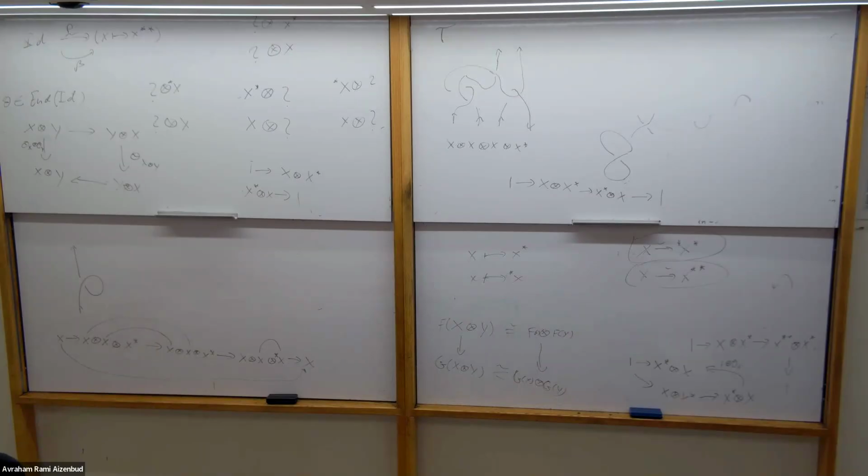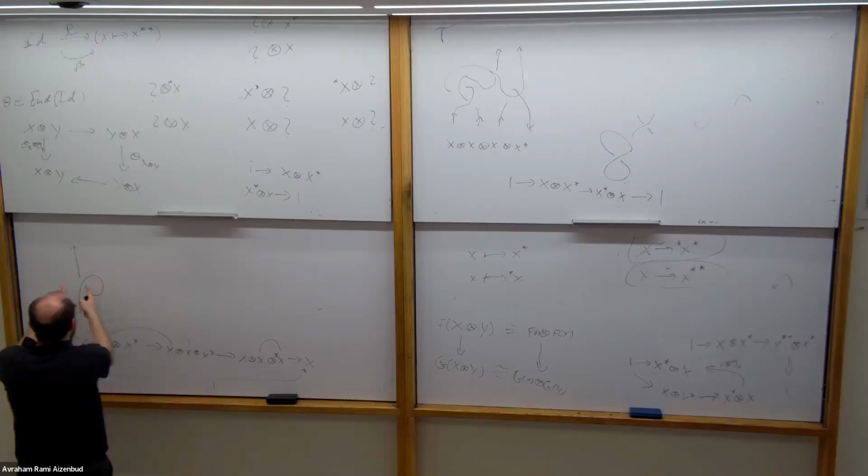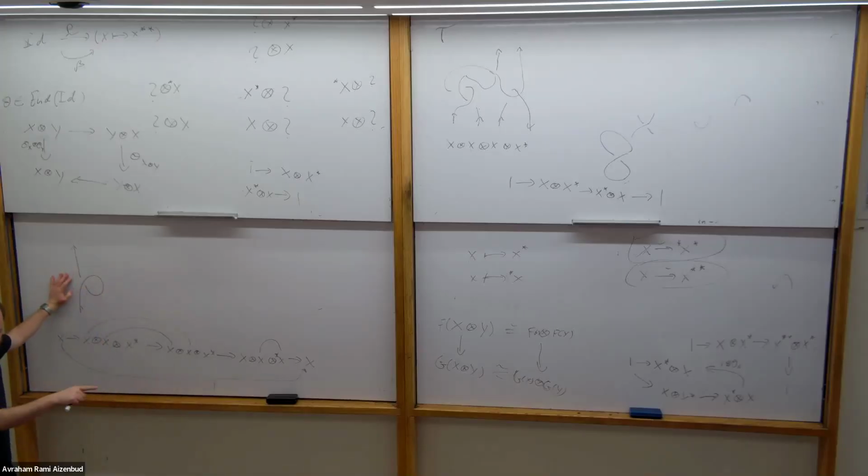You mean it is not free because there is an additional relation. In this category of strings, this thing is identity, in the category of tangles. But in general, it's not. So if you put additional conditions, then it's free subject to this condition.